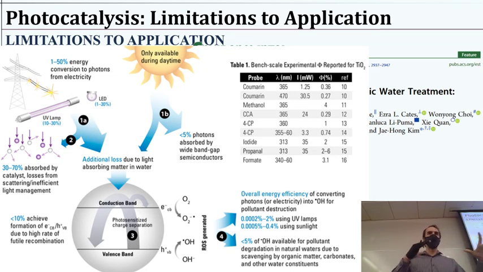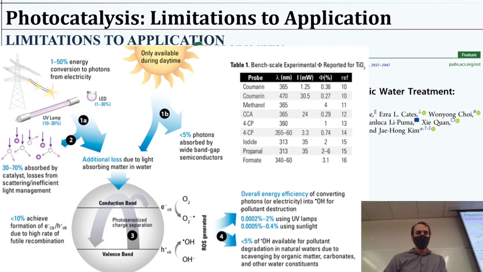So they really took a look at the different sectors of this type of technology that can be improved, and kind of their overall energy efficiency that they concluded here. So for photons or electricity into hydroxyl radicals was somewhere between 0.0002% and 2% using UV lamps, and a bit less than that using sunlight.